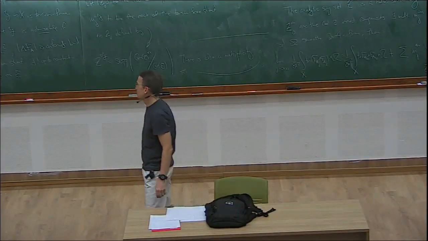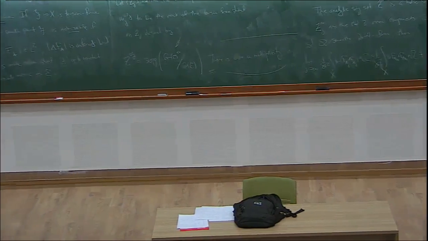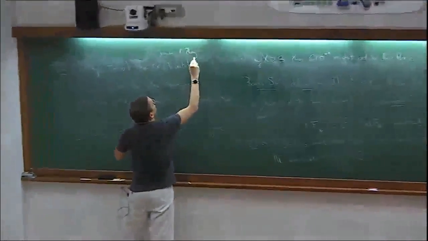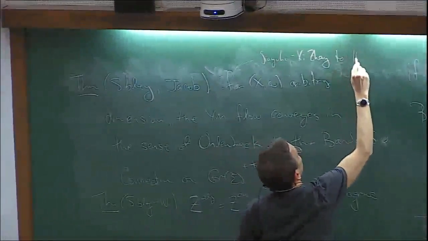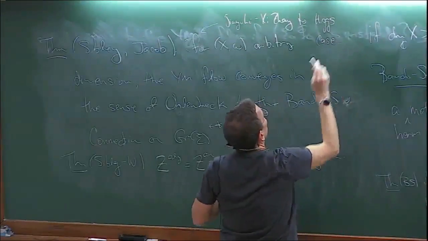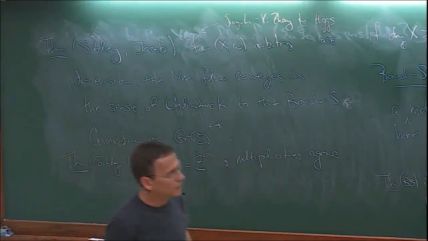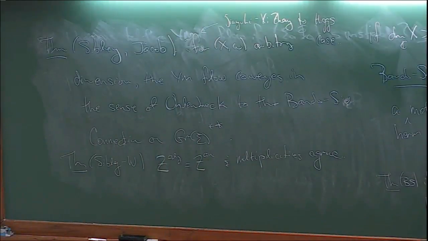Oh, yes, thank you. So this part, at least, has been generalized by Jiayu Li and Xi Zhang to the Higgs case. For this one, to my knowledge, they haven't.